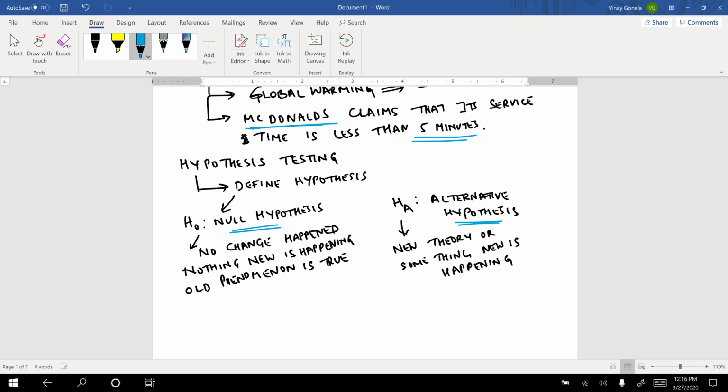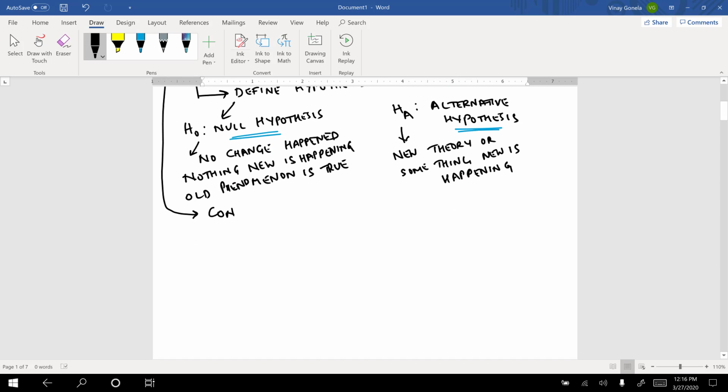So the next step of hypothesis testing is to conduct the test statistic and compare it with the critical value.